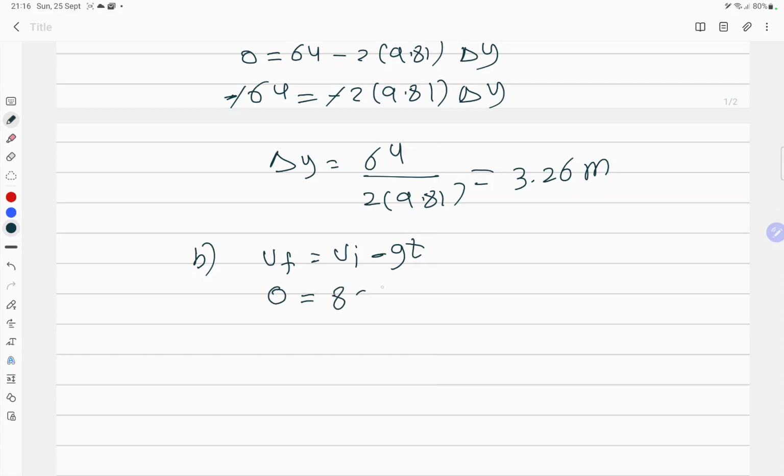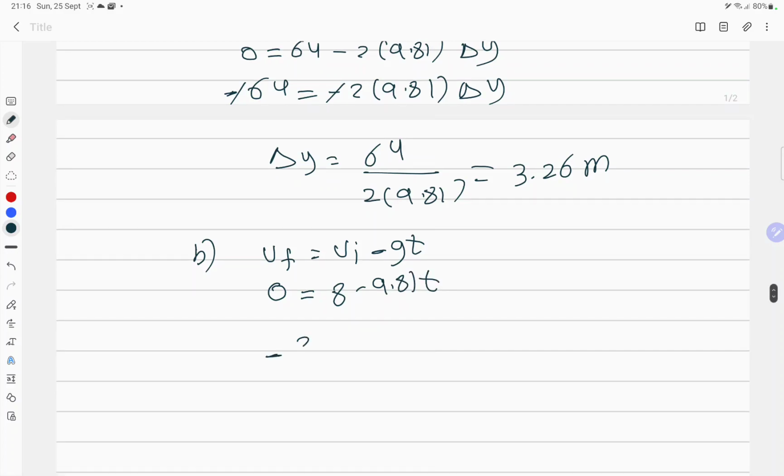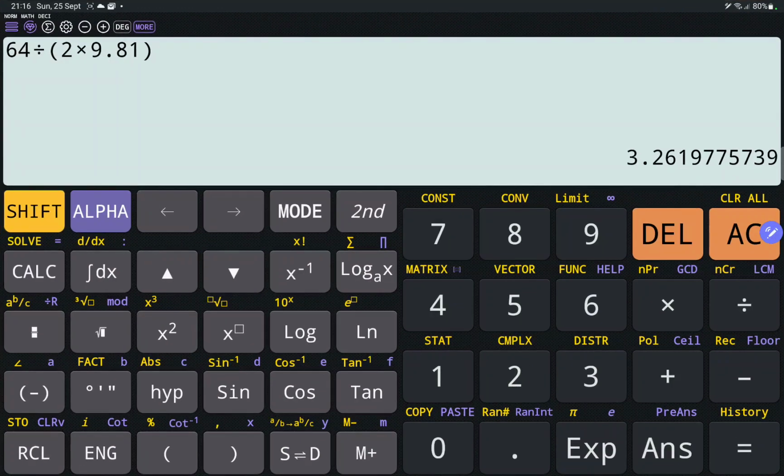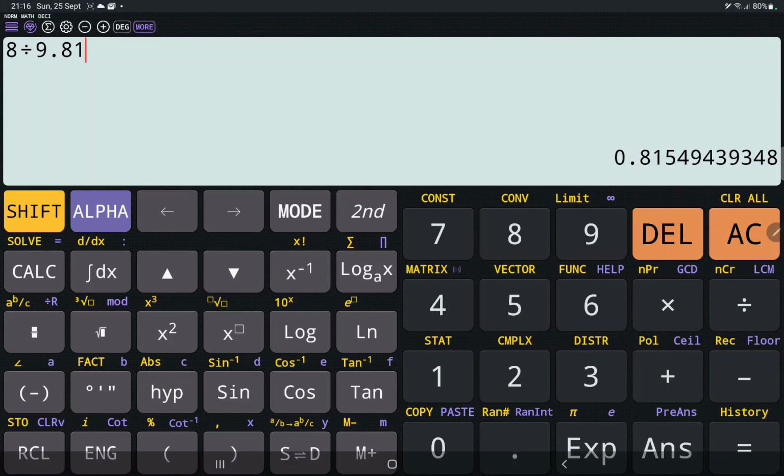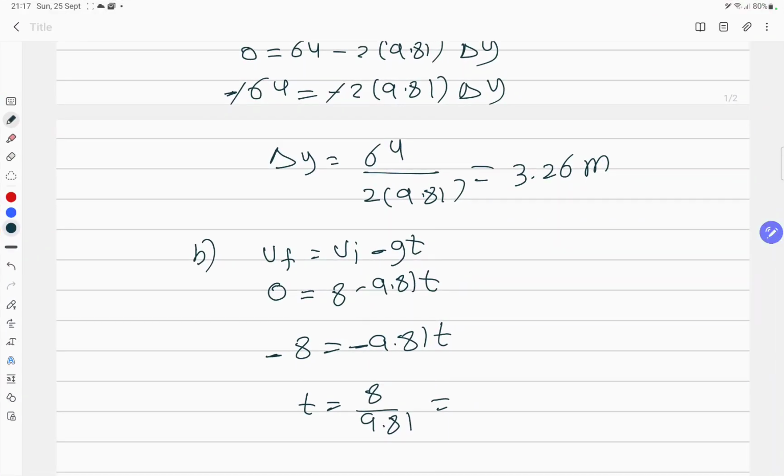V initial is 8, minus 9.81 times T. We shift the 8, so it's negative 8 equals negative 9.81 times T. So T equals 8 over 9.81, which is 0.816, let's say 0.82 second.